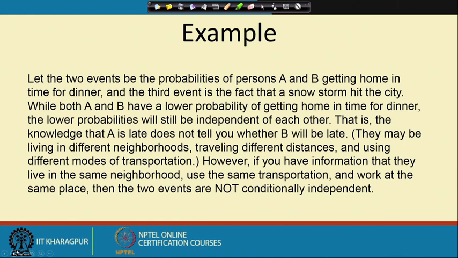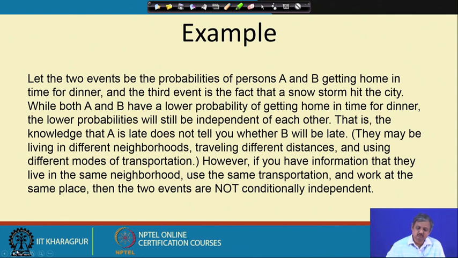Let there be two persons A and B, and the events be that A comes home for dinner and B comes home for dinner. And the third event C is that a snowstorm hits the city.